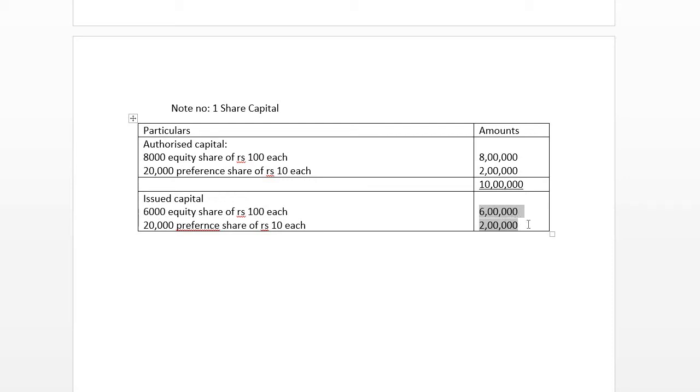Yes, once we have the issued capital, we are going to make the total of it, the amount of this is 8 lakh, right?